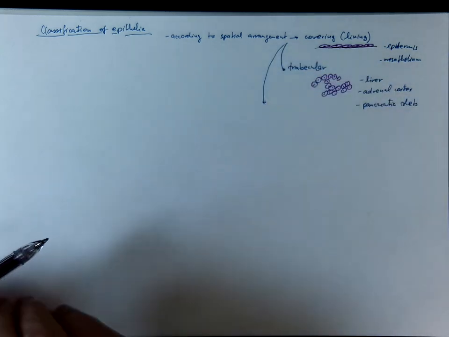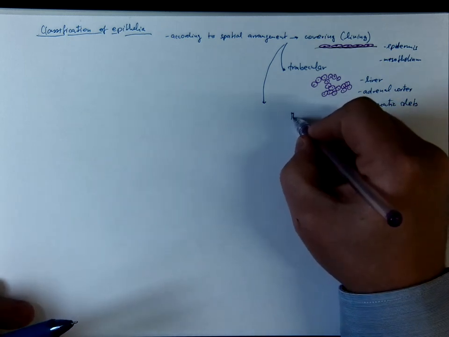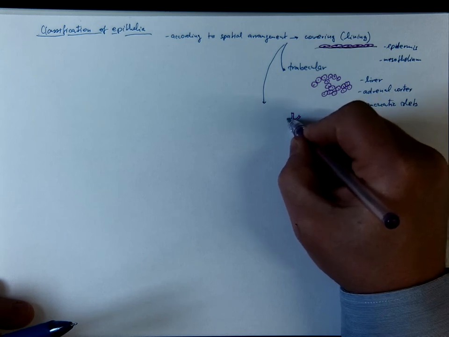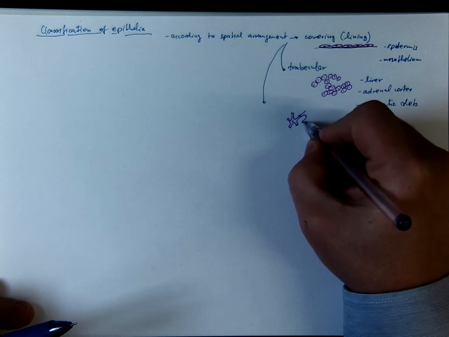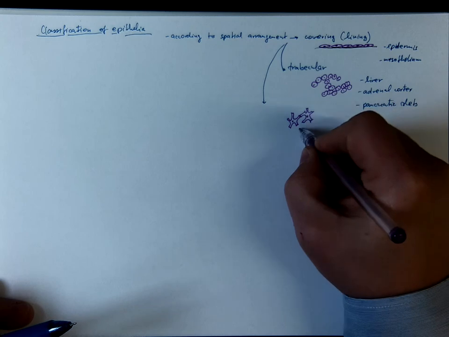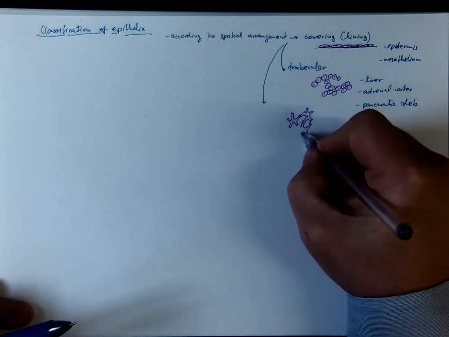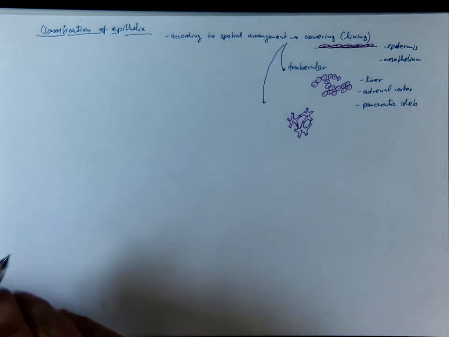Another situation, quite rare, is when the cells, they even don't look like regular epithelial cells because they form projections, and they are touching each other with these processes and projections, forming a spatial network. This is called reticular epithelium.